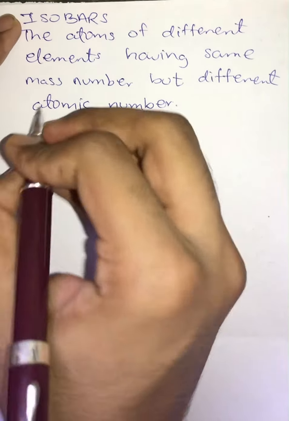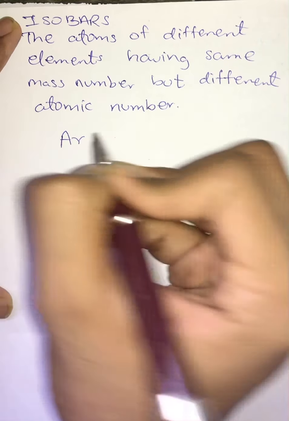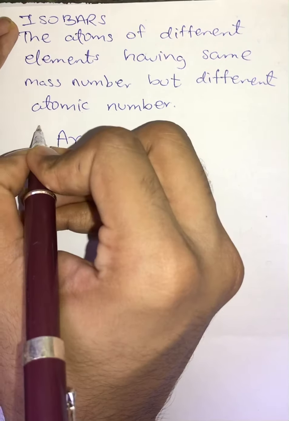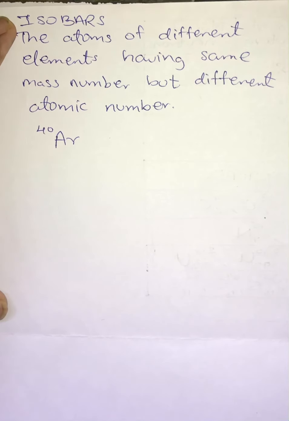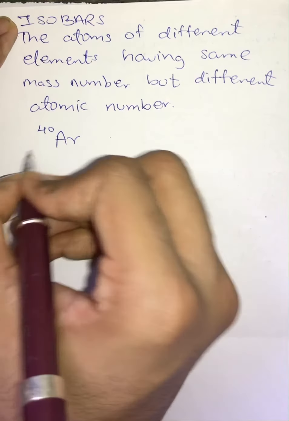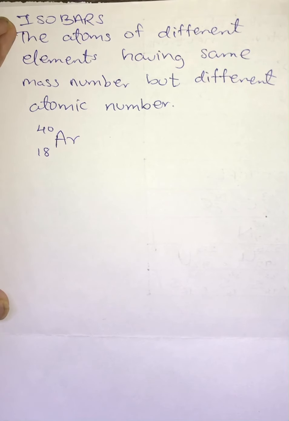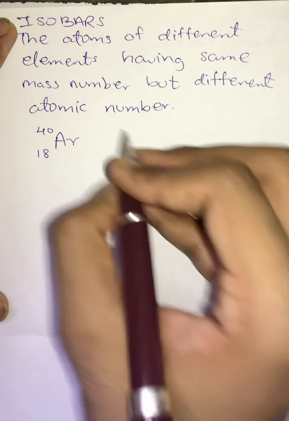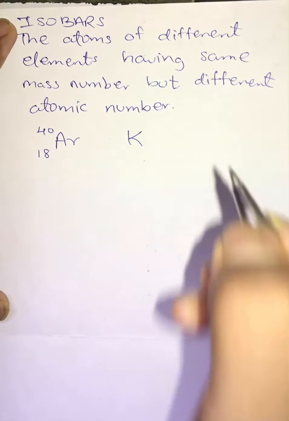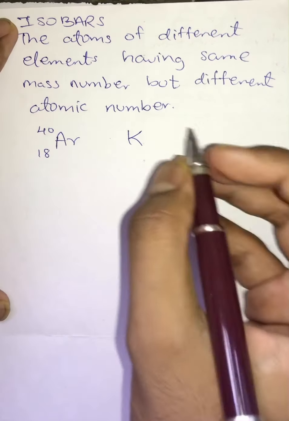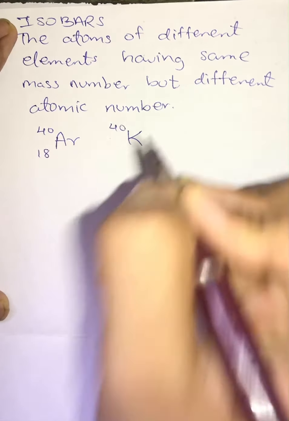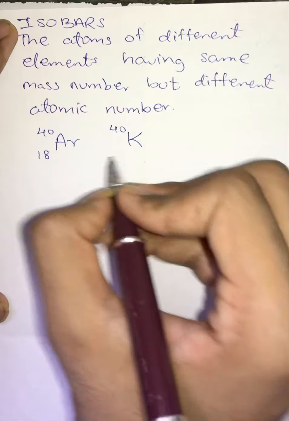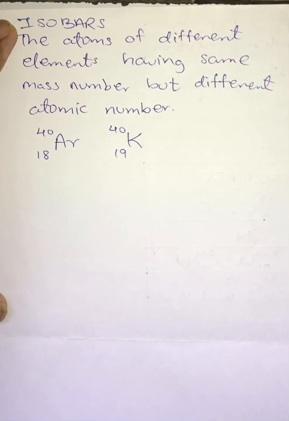See, argon, whose atomic mass is 40 and whose atomic number is nothing but 18. Again we have potassium, whose atomic mass is 40 but atomic number is 19.